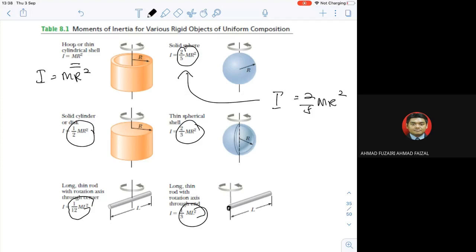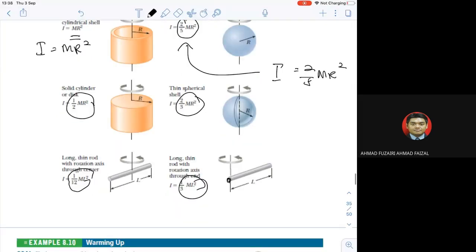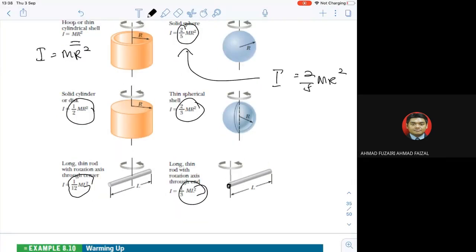So don't worry about how to memorize all these values of I, because it will take space in your brain, definitely. You just concentrate on knowing what I is. Okay, what is actually I, right?